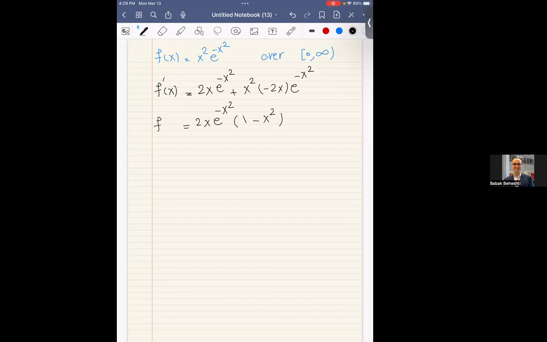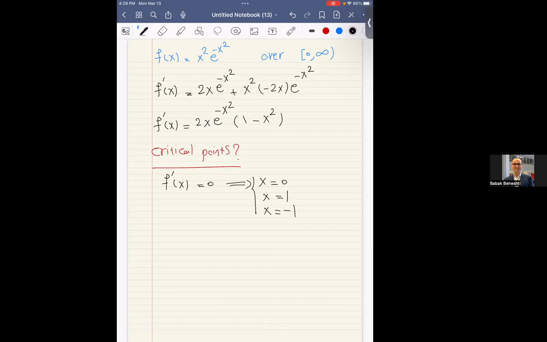That is f prime. Now, the question is, what are the critical points? The critical points are the points at which f prime is 0 or f prime is not defined. So here, for what values is f prime 0? So x equal to 0 or x equal to 1 or x equal to minus 1.